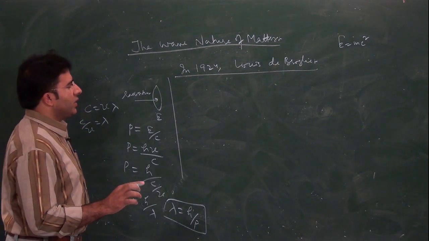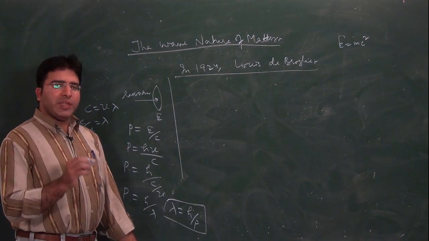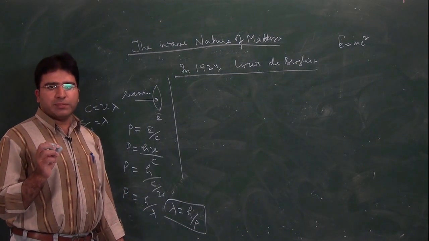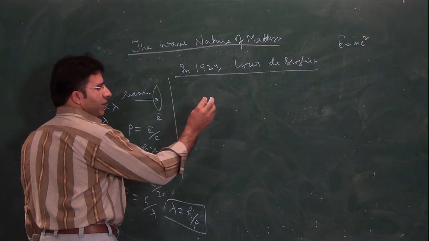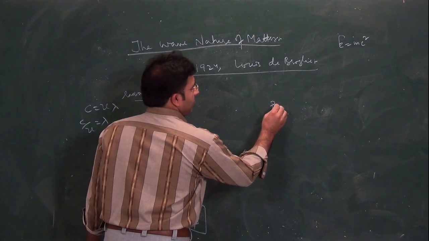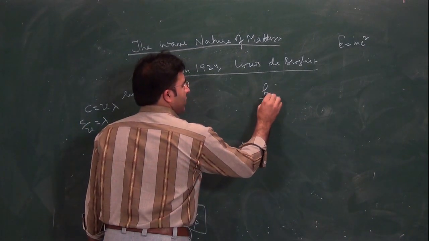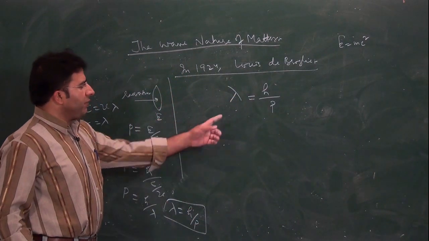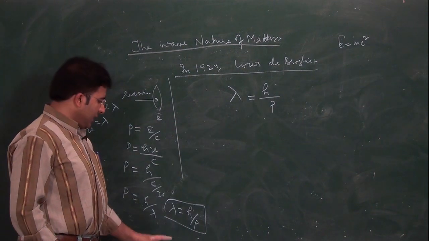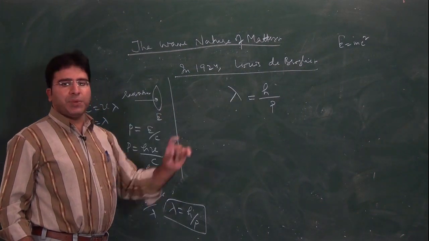So his idea was, if there is some free particle which is not bound, moving with linear momentum p, then associated with it there is a sinusoidal wave having wavelength given by lambda is equal to h by p.